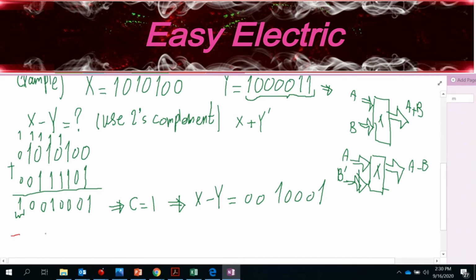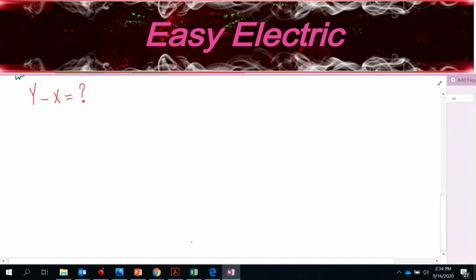Use the same concept. We did x minus y. So let's do y minus x and calculate this. So you know x, you know y. This time you want to do y minus x, right?